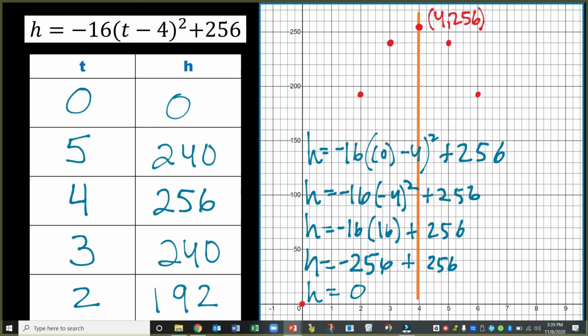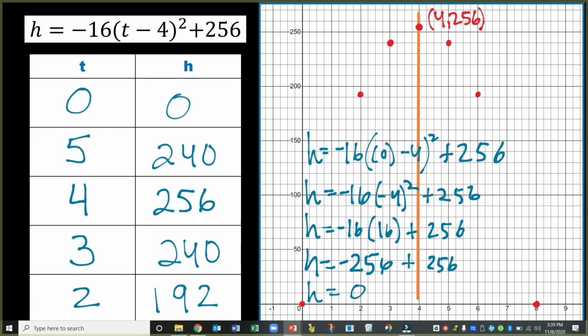Now I know there's going to be a symmetrical point on the other side of the axis of symmetry. And that symmetrical point is going to tell us something very important. 0, 0 is 4 seconds away on the x-axis from the axis of symmetry. So if we go 4 seconds on the other side of the axis of symmetry, we will be at this point right here, 8, 0.